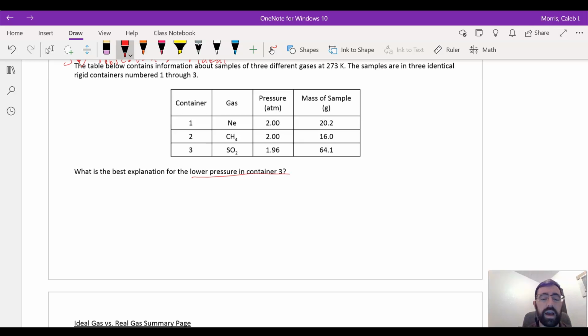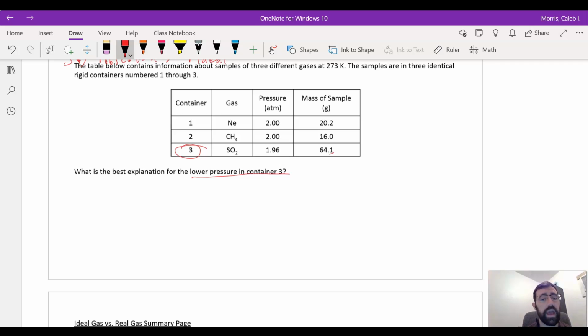We've got identical samples, it looks like, very close to the same masses between these two. This one has a greater mass, but look at the pressure being different. What would the reason be? Why is it that container 3 has a lower pressure?